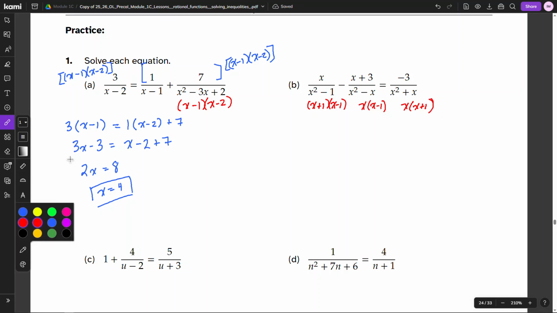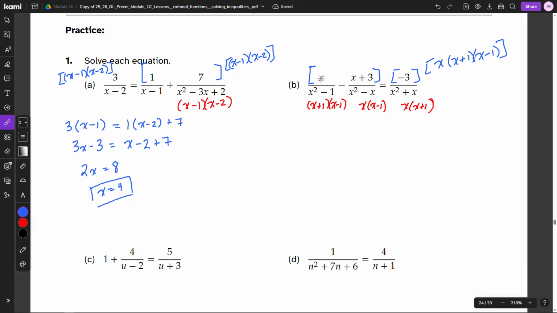So common denominator, going to multiply both sides of my equation by the common denominator, that common denominator being x times x plus 1 times x minus 1. Right, all this is algebra. Should have it already mastered, but it can take some practice.